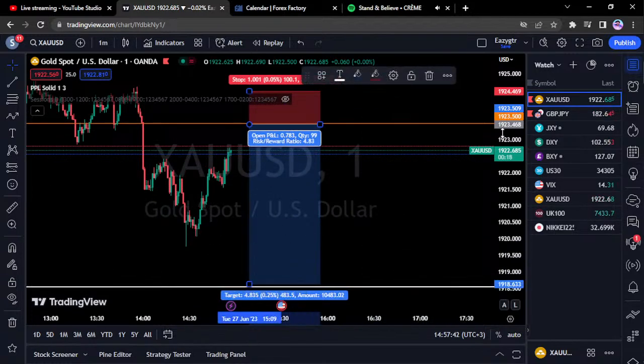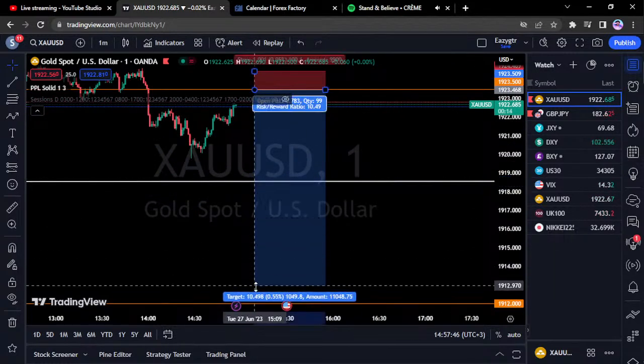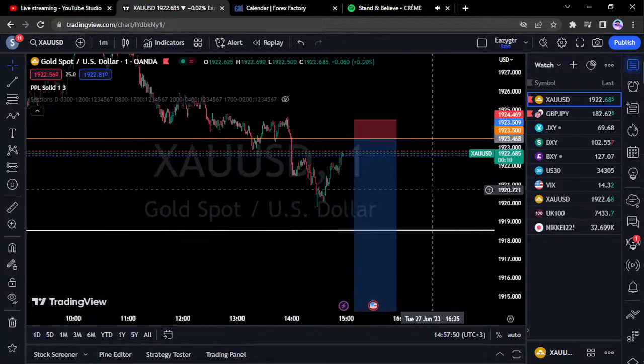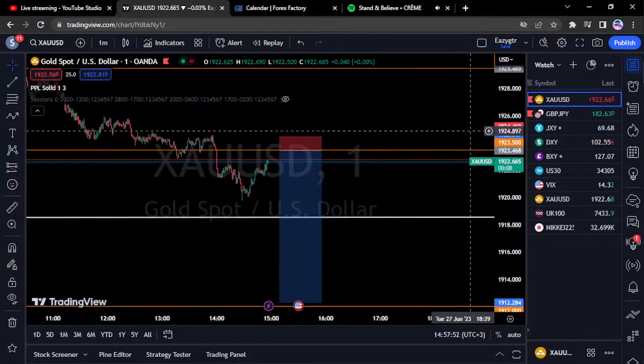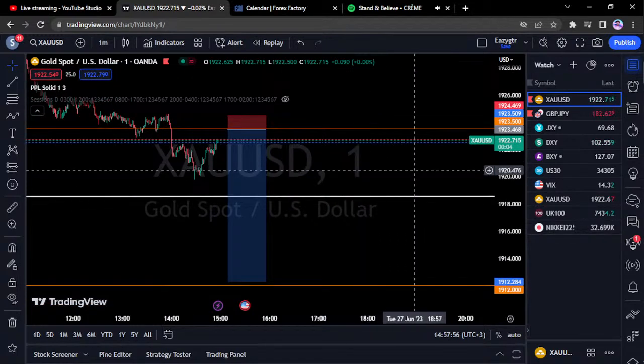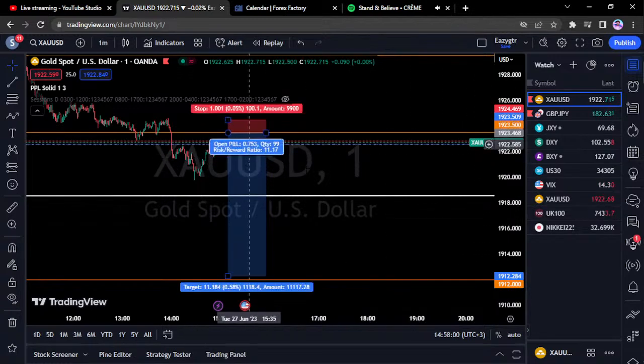Then you could get the first take profit at 48 pips and the second take profit at 110 pips. Okay, so this is for gold.